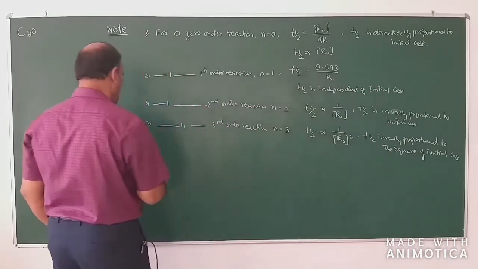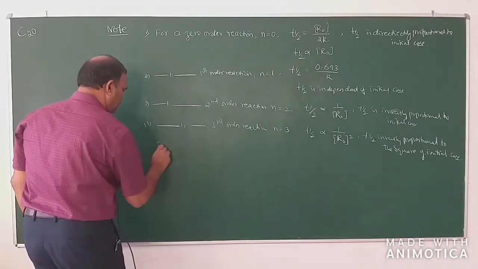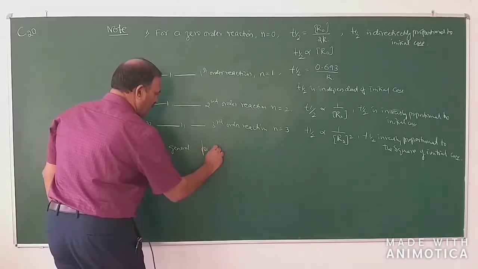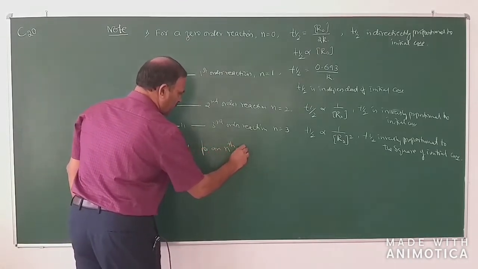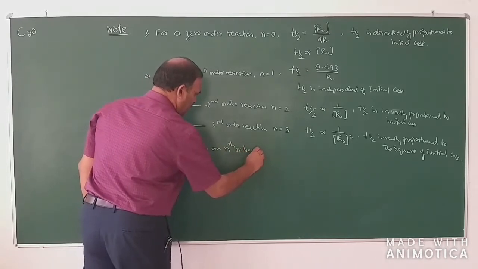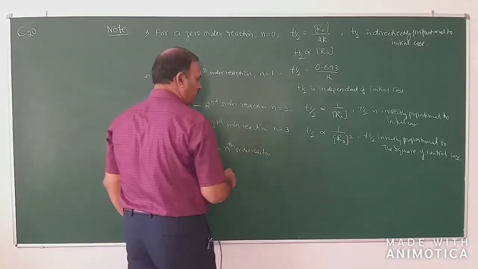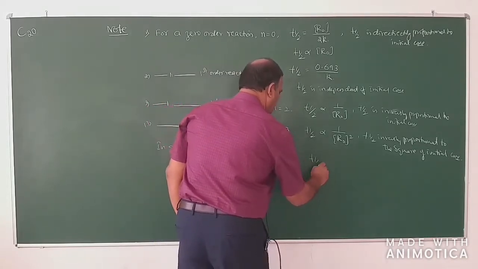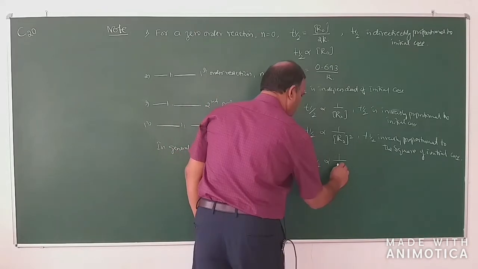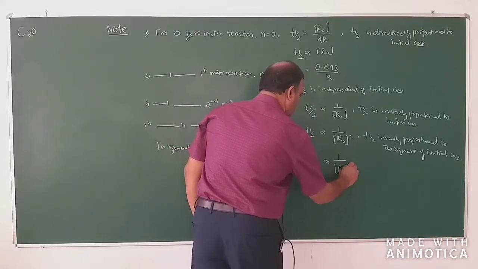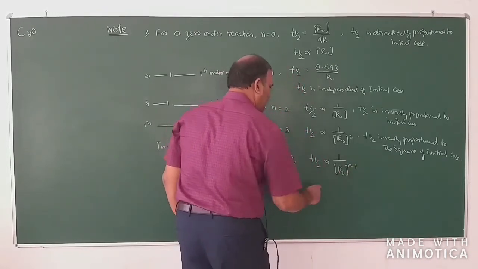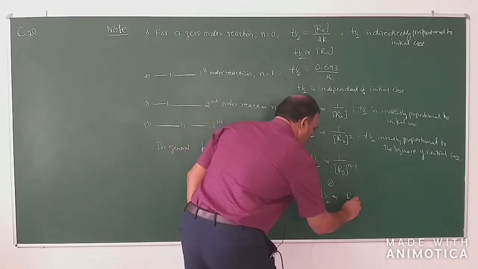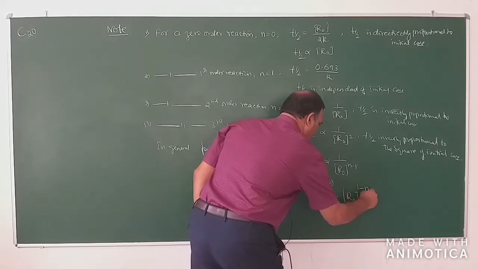So in general, for an nth order reaction, t half is proportional to 1 over R naught to the power of n minus 1, or t half is proportional to R naught to the power of 1 minus n.